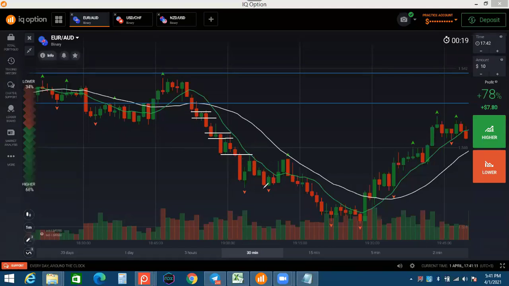If you are finding similar movements, you will find similar market movements. Sometimes we find that the first movement is a red candle, right? Then a green candle, and then it's a breakout, right?